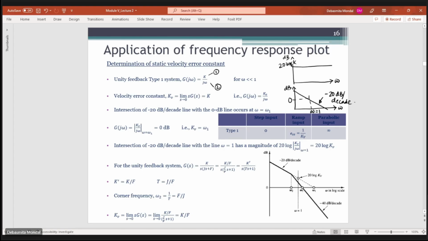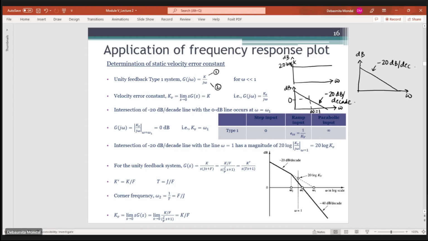So for this system, the plot looks something like this. This is omega, this is in dB, and this is your minus 20 dB per decade line.